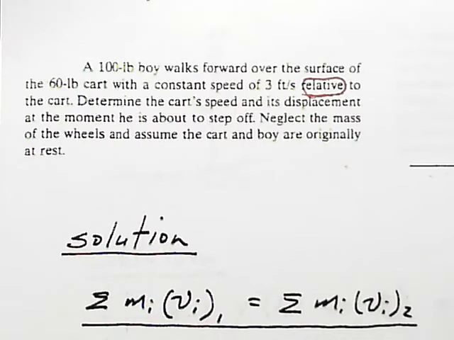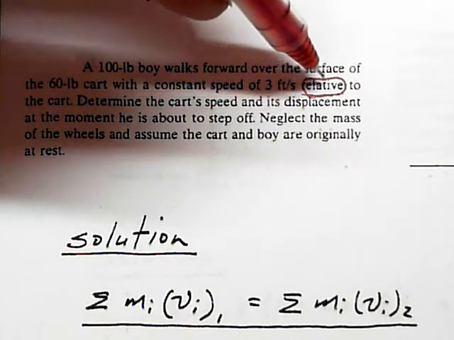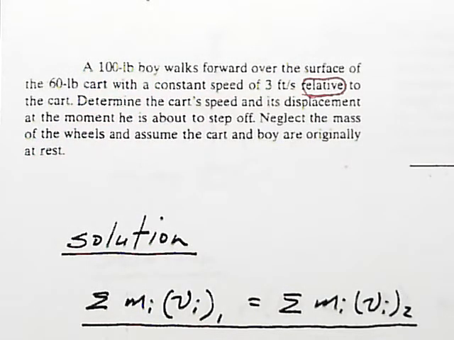We had to write our equations a little differently. So highlight that, 3 feet per second relative to the cart. Determine the cart's speed and its displacement, or the distance it moved, at the moment that the boy is about to step off the cart. Neglect the mass of the wheels and assume that the cart and the boy are originally at rest.